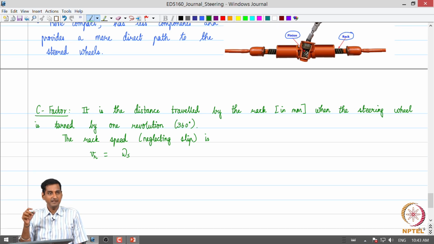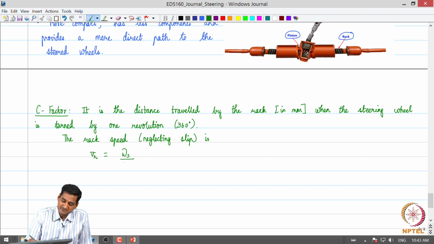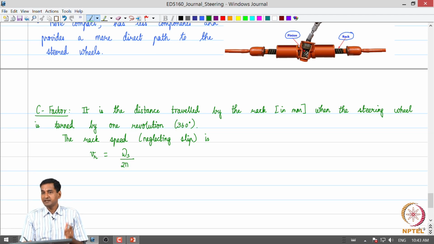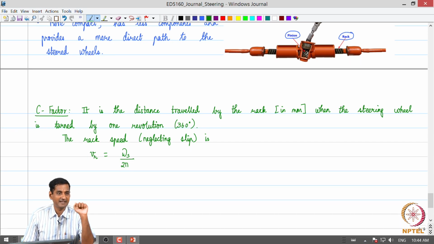pinion. If I do omega s by 2 pi, what am I going to get? I will get the number of revolutions of the pinion per second. If omega s is in radians per second, dividing by 2 pi gives revolutions per second. And what is the C factor? C factor is the displacement per revolution.